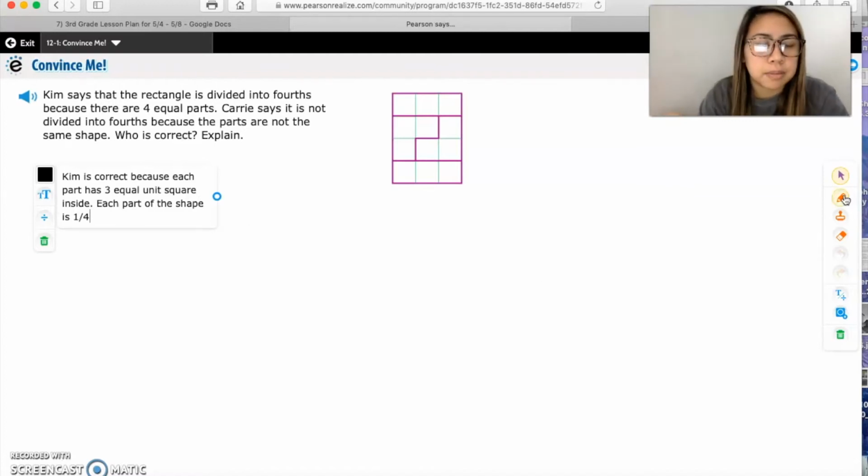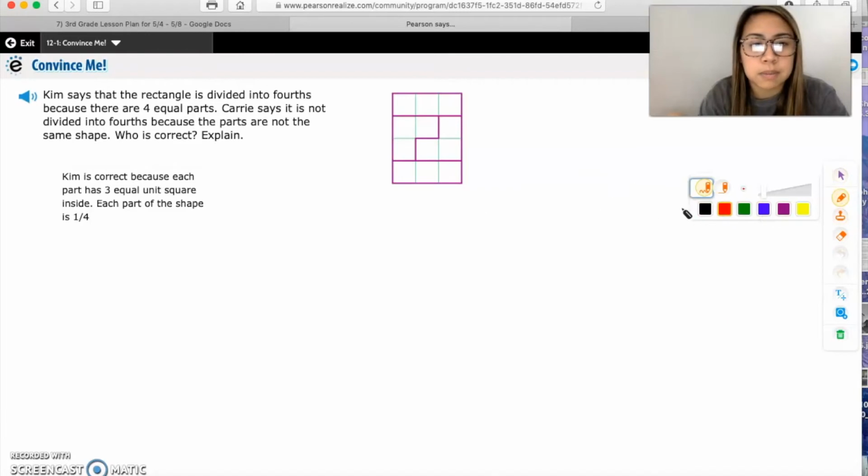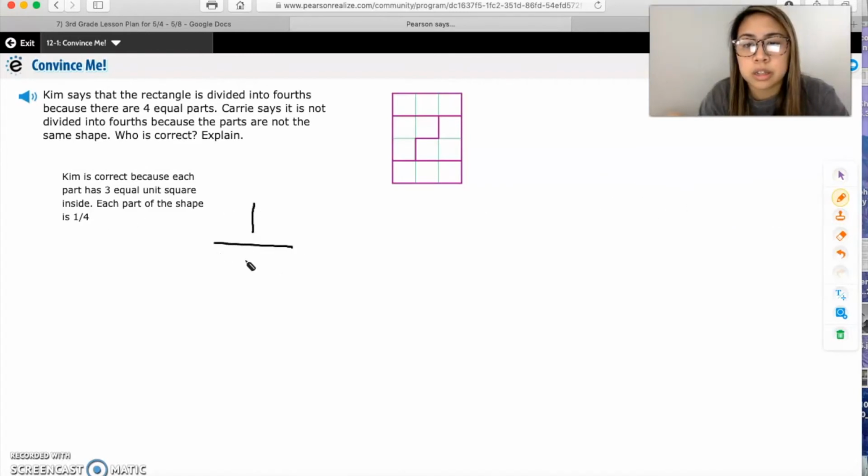I obviously can't because I'm typing. So if you want to write 1/4, you would do a 1 and then a 4 at the bottom. Okay, so that is how you write a fraction. The number that's at the bottom is your total number of equally divided parts. Okay, so that is for your convince me.